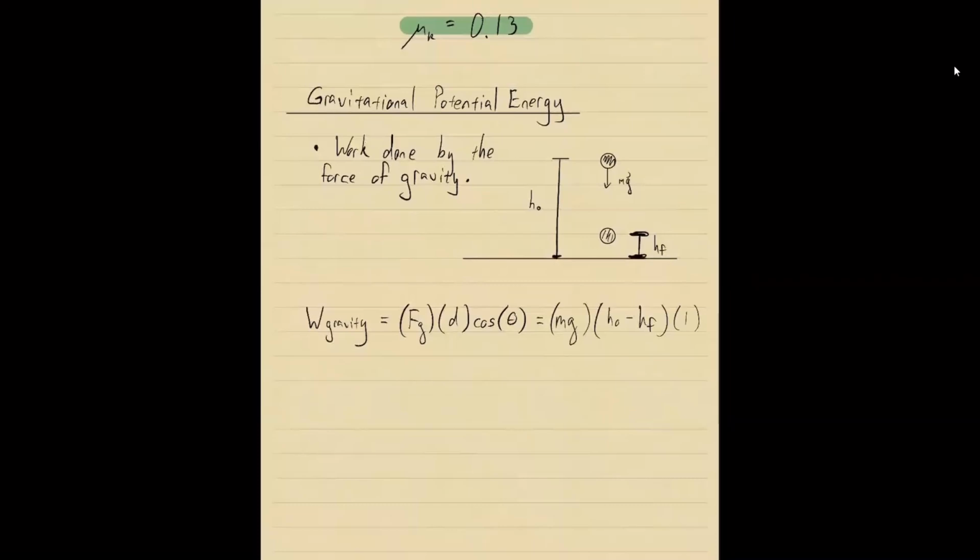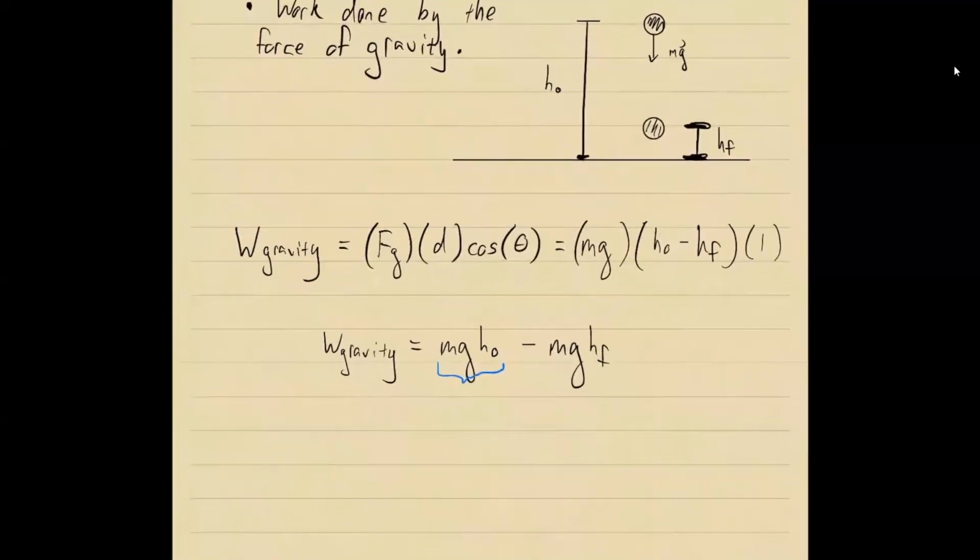So ultimately, the work done by gravity, if we multiply this mg through, we have mg times h naught, our initial height, minus mg hf. So this first term, we're going to call our initial gravitational potential energy.